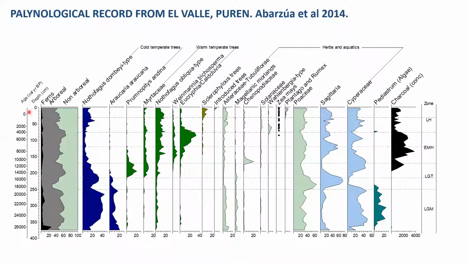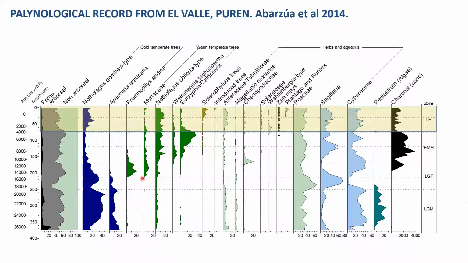So we performed the pollen record of the El Valle site from Purén, and it covers 26,000 years, covering the vegetation changes from the last glacial maximum to the Holocene. The most remarkable human trace in these pollen records is the continuous presence of sea maize, Chenopodiaceae, Asteraceae, Solanaceae, and Poaceae pollen taxa since 4,000 years ago.